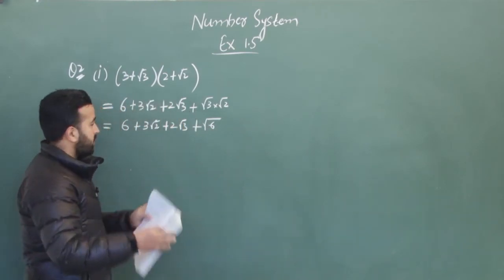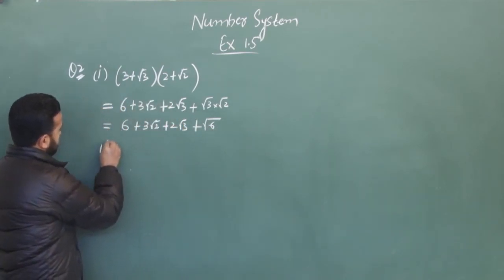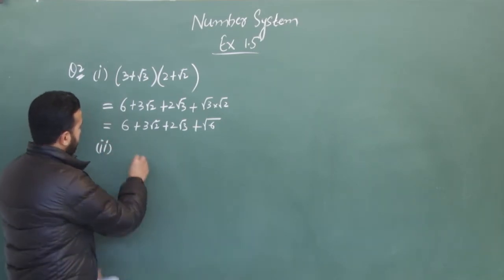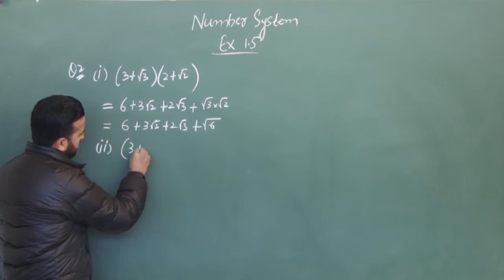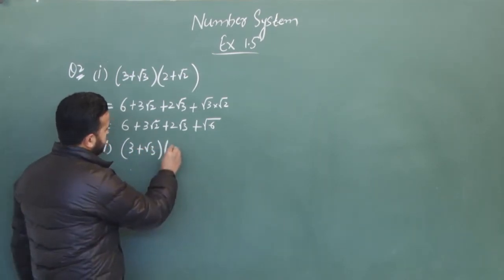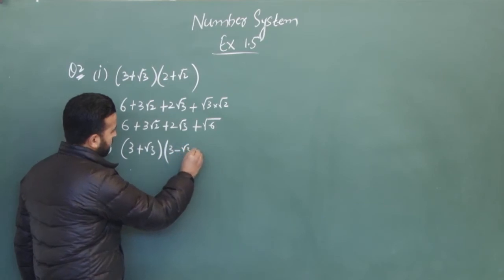Now what is the next part of the same question? 3 plus root 3 has to be multiplied by 3 minus root 3.